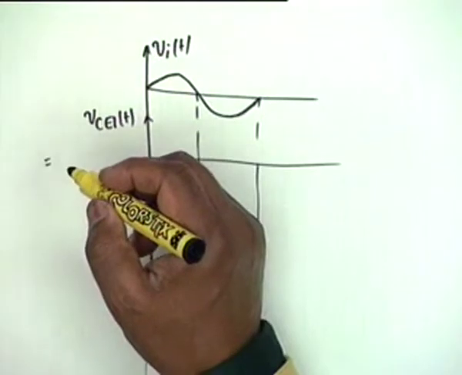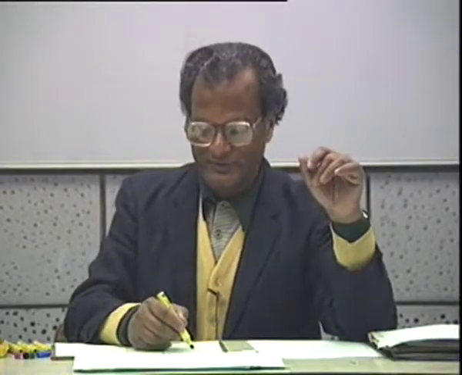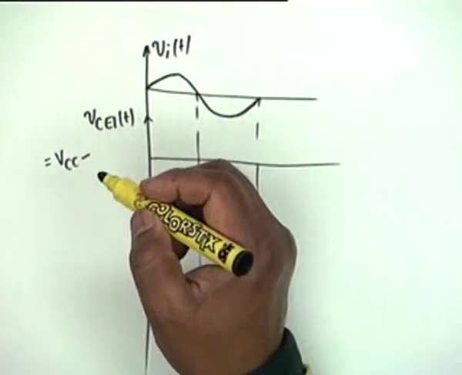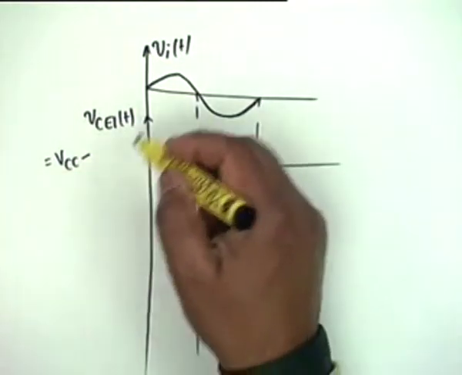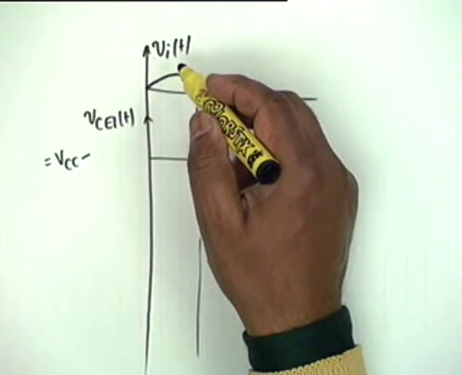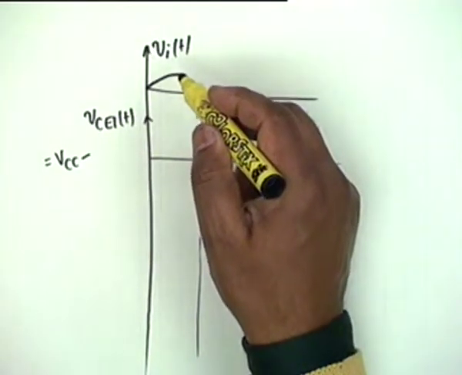VCE1 of t, the collector emitter drop, if you recall this circuit, would be VCC minus V0 of t, but V0 is approximately equal to VI if you ignore that VBE1.